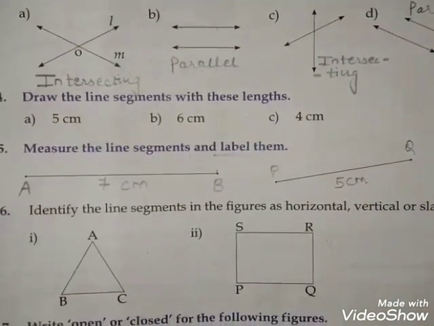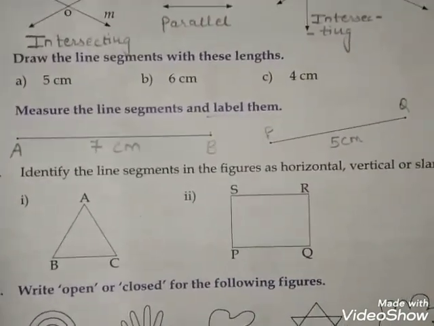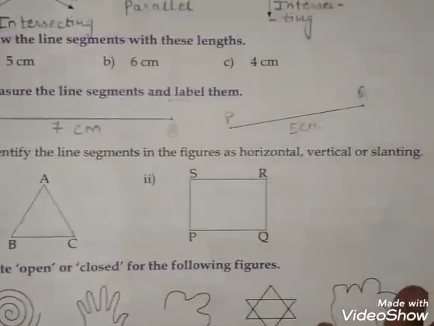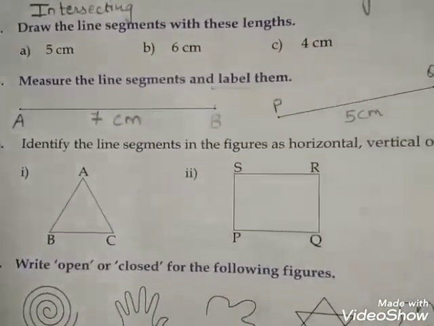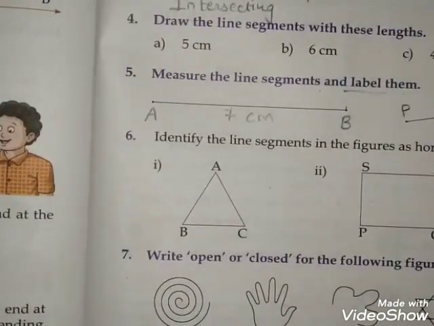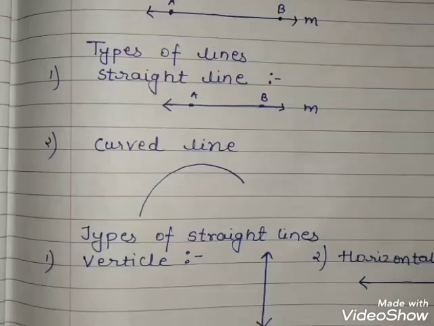Alright, now again moving to the next question. The question is, identify the line segments in the figures as horizontal, vertical or slant. Children, in the previous class we have learned what the horizontal lines, slant lines and vertical lines are. So let us revise.